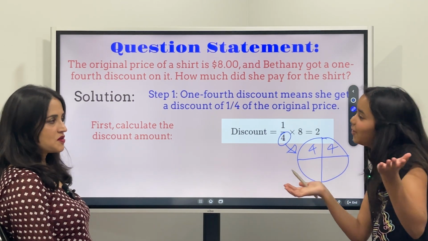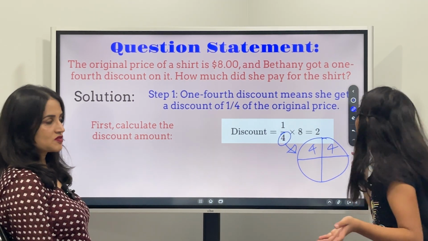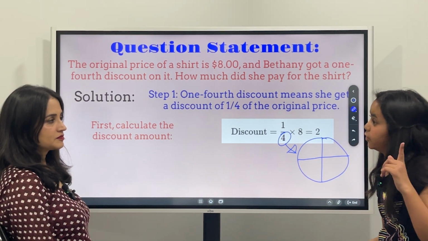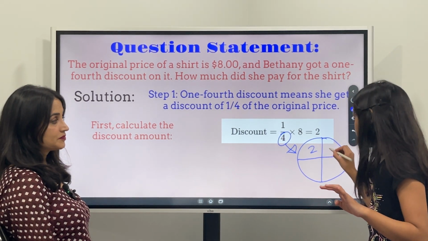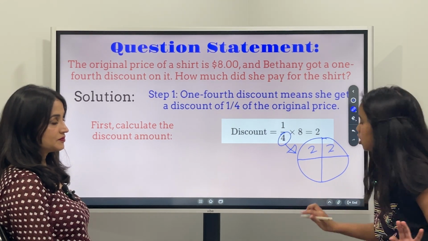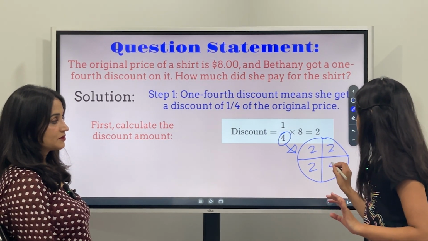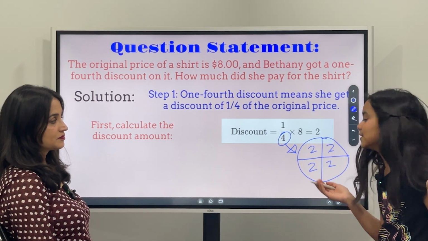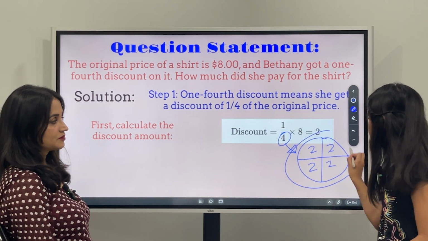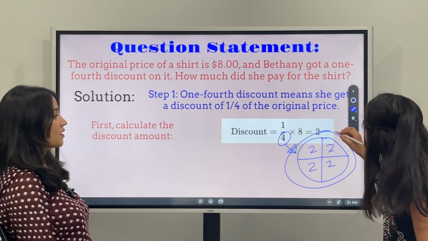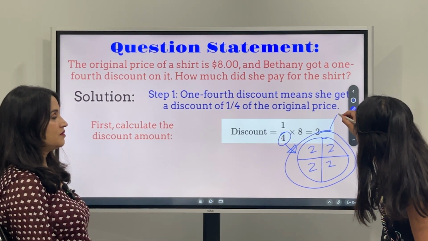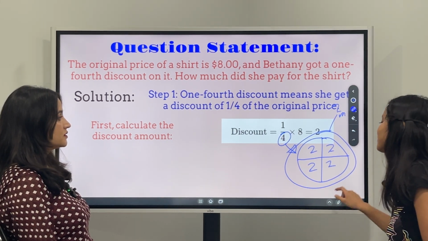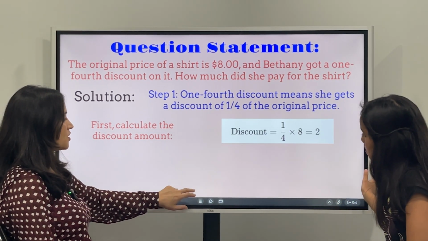Oh no, wait, 4 plus 4 equals 8. That one doesn't work. So maybe we should try 2. 2 plus 2 equals 4, and another 2 plus 2 also equals 4, so 4 plus 4 is 8. So this is also another method. We have two methods in the fraction way.